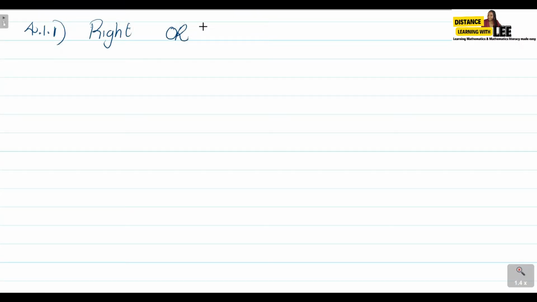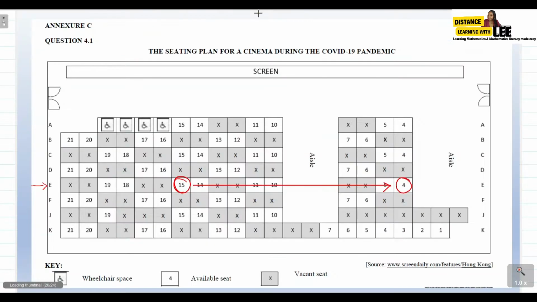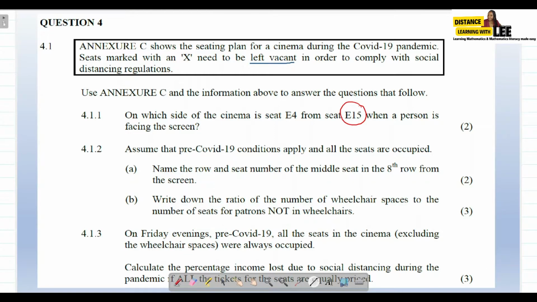Another answer that can be accepted is this: if you remember from question 2.2, we had to use a compass to help us determine the directions from one point to the next.